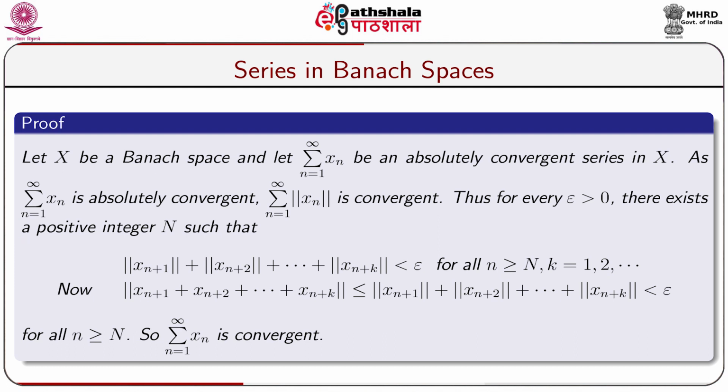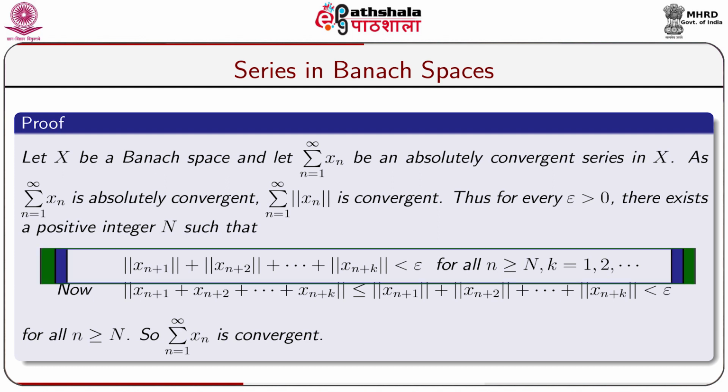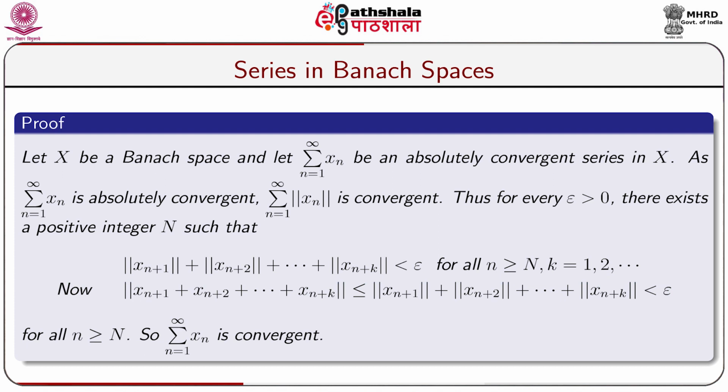That means, for every epsilon greater than 0, there exists a positive integer capital N such that norm of xn plus 1 plus norm of xn plus 2 plus dot dot dot plus norm of xn plus k is strictly less than epsilon for all n greater or equals to capital N, k equal to 1, 2 and so on.